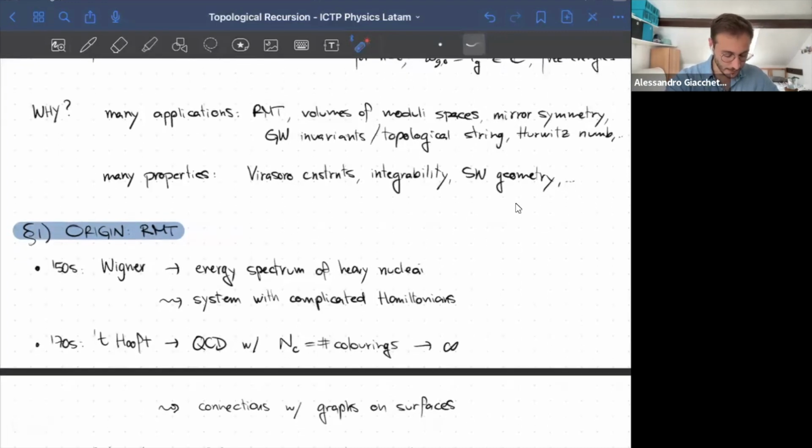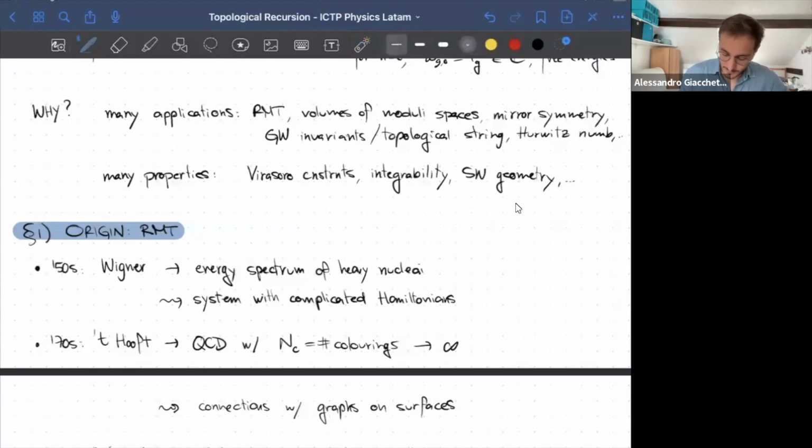Another breakthrough in the theory of random matrices was by 't Hooft in the 70s, when he was studying quantum chromodynamics. He realized that if you imagine a theory of quantum chromodynamics and you take the number of colors to infinity, a lot of simplifications occur. The main point is that in this case, when you do the Feynman diagram expansion, you can realize this expansion as a sum over certain graphs drawn on surfaces.